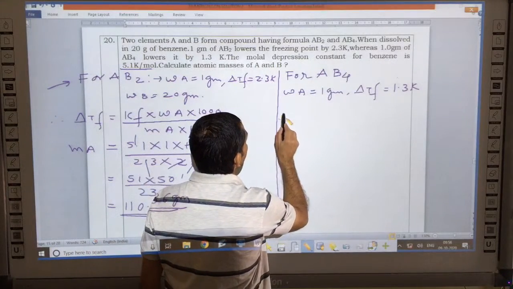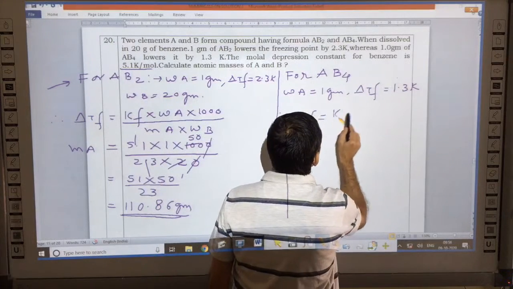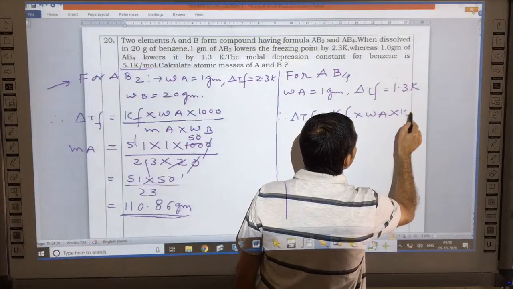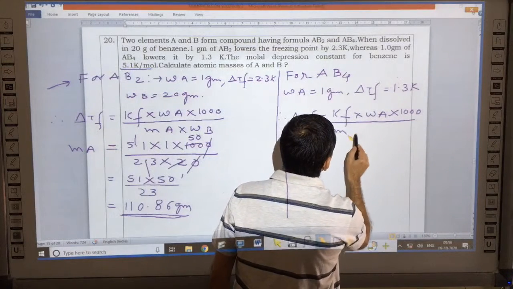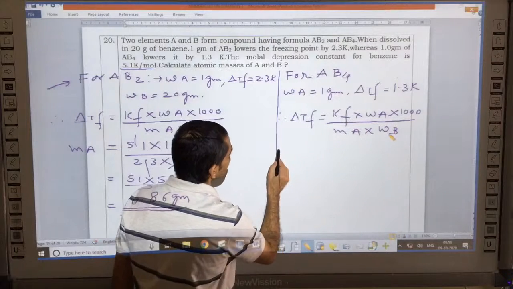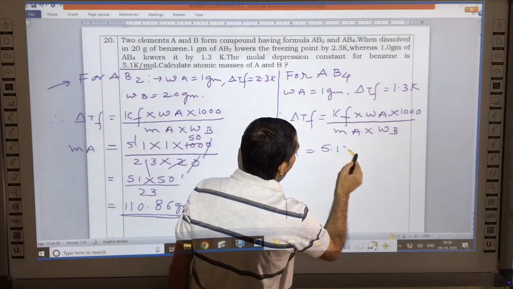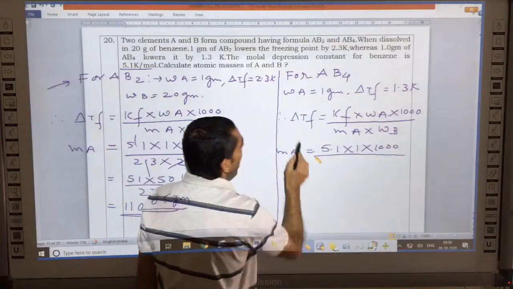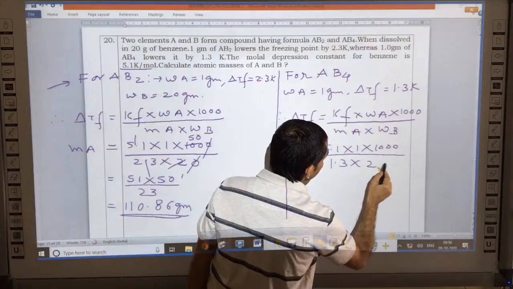Therefore, delta TF is equal to KF into WA into 1000 upon MA into WB, so MA is equal to KF 5.1 into 1 into 1000 upon delta TF 1.3 into 20.